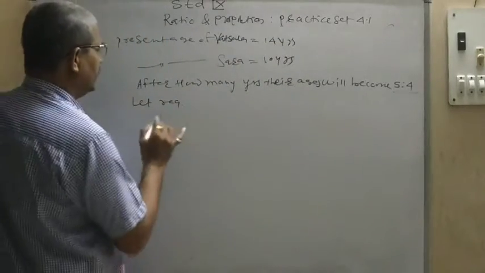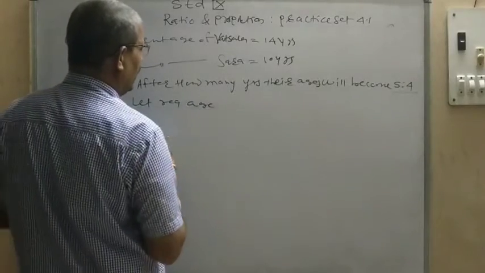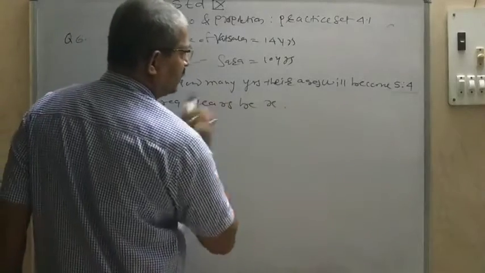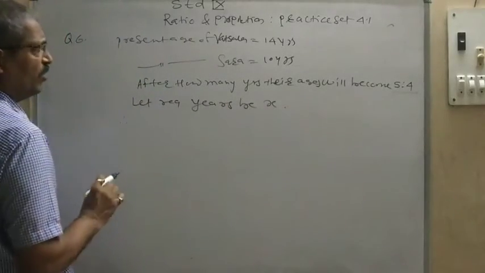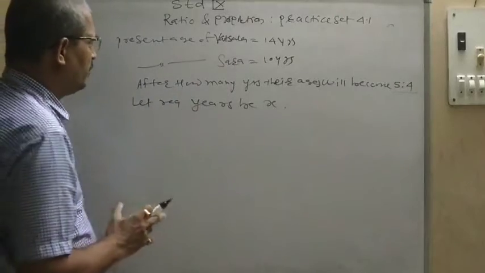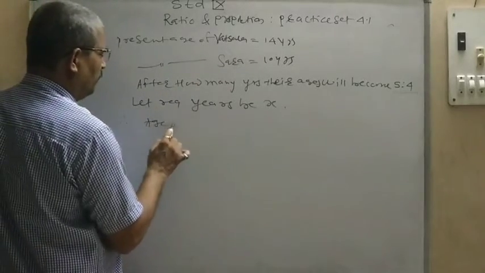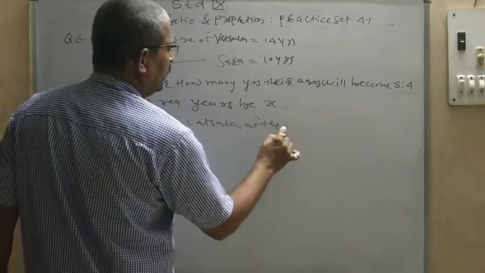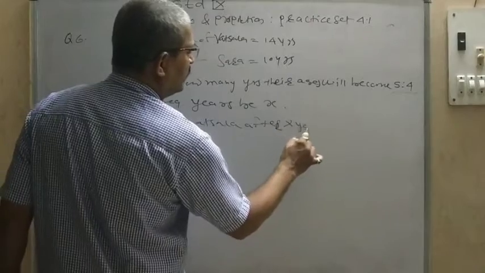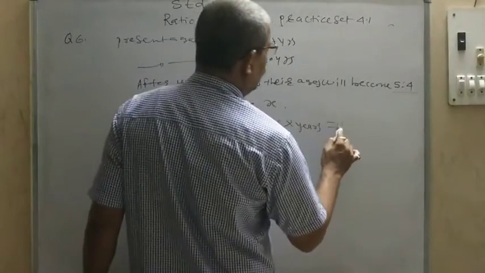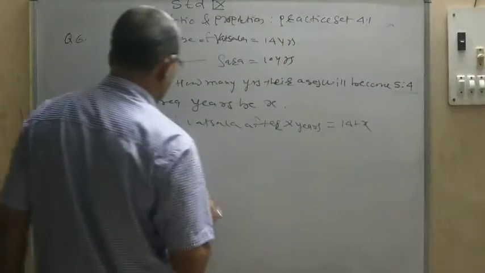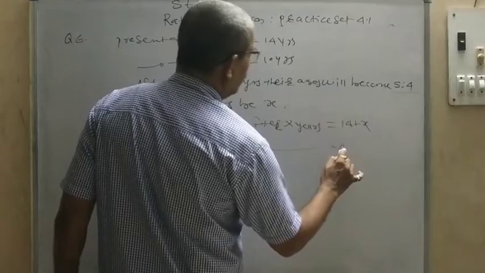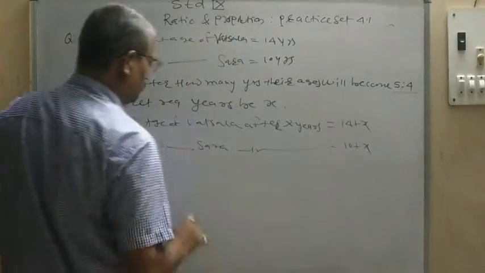After x years, therefore, age of Vatsala after x years is equal to 14 plus x. Age of Sara after x years is equal to 10 plus x.